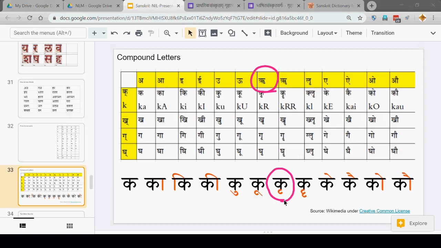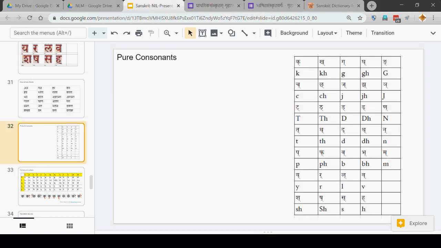First base letter and then adding a small c at the bottom, right? First write ka, the base symbol, and then if I want to add the ru to that consonant, we add like this, cru. This is a compound consonant made by adding a vowel to it.